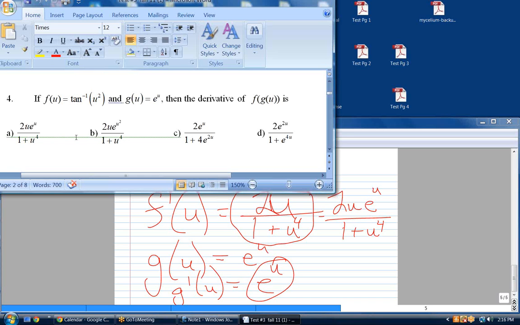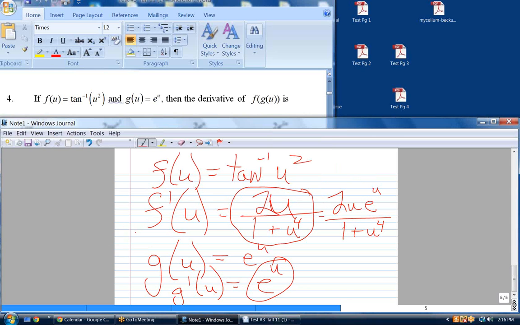So that is kind of a shortcut as opposed to figuring out what the composite function is. In other words, notice that I didn't actually do that. I did not figure out what f of g of u was. I could still have then just differentiated, but it might have been a little more complicated, because f of g of u is going to be a more complicated function to take the derivative of.